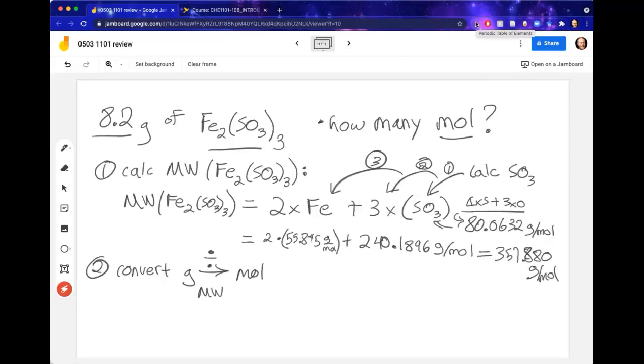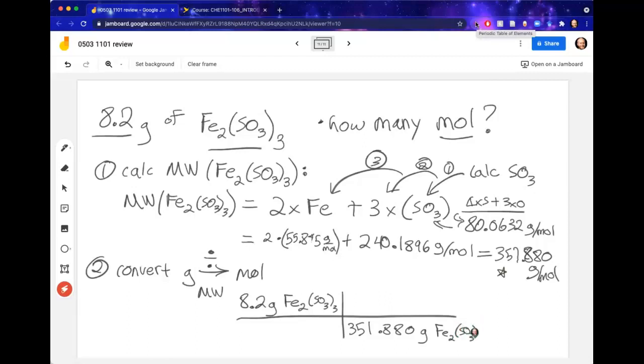Now that we know the molecular weight, we can go back and convert our given amount of grams, 8.2 grams of our iron 3 sulfite. And now we're going to be dividing by the molar mass, 351.880 grams, and we've got 1 mole up top.